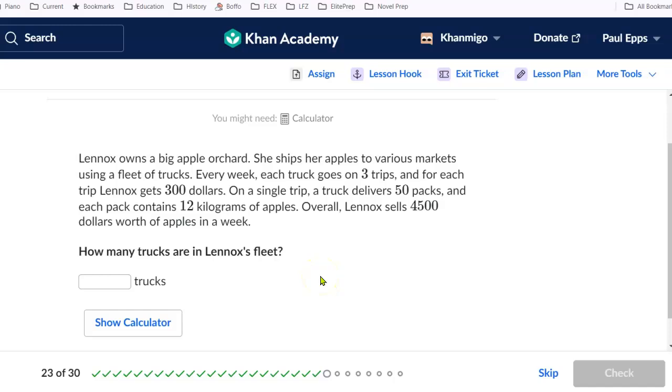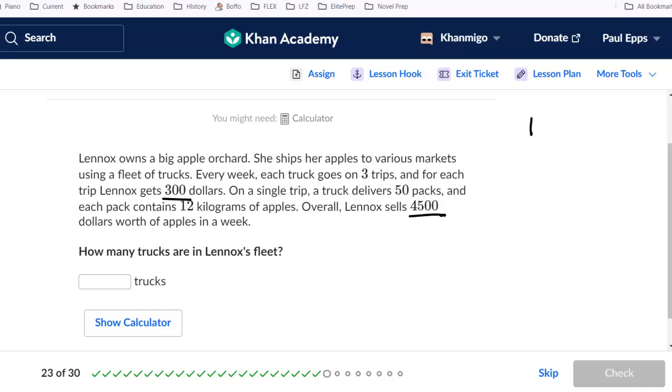Okay, so some of these numbers just look like distractors to me. Here's a key number, though, $4,500, and here's another key number, $300 a trip. If we divide 4,500 by 300, that is 15 trips.